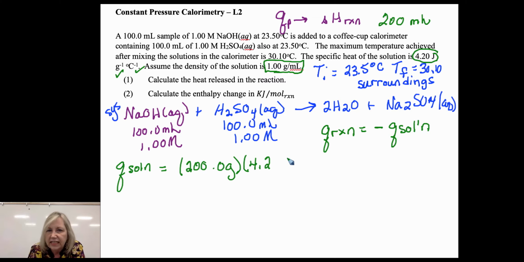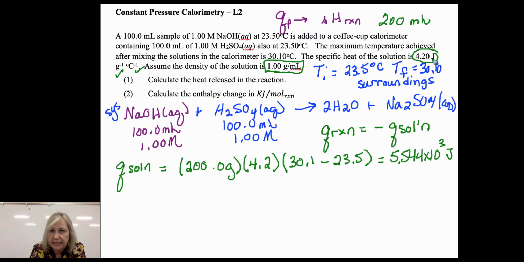And a delta T, so we're using mC delta T. A delta T doesn't matter whether you are in Kelvin or Celsius. So I've got 30.1 minus 23.5. And so Q of the solution is 5.544 times 10 to the third joules, because the heat capacity is in joules.